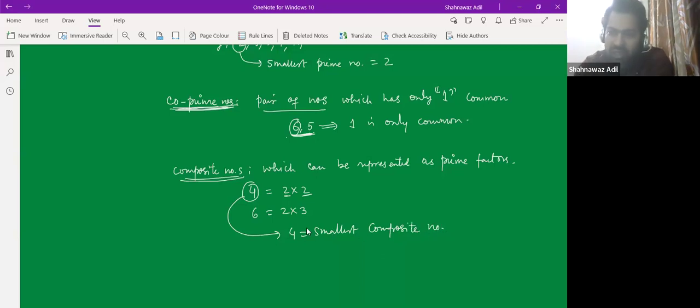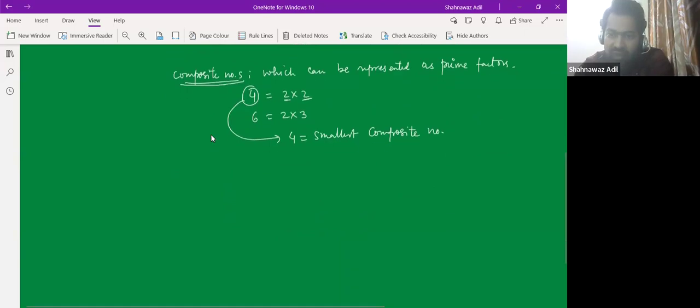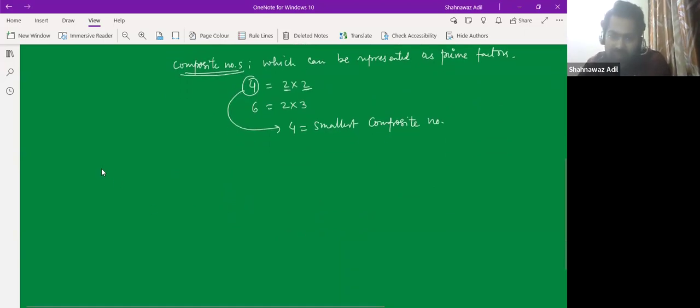So these are the things, and then we have prime factorization, right? Using prime factorization, what do we calculate?